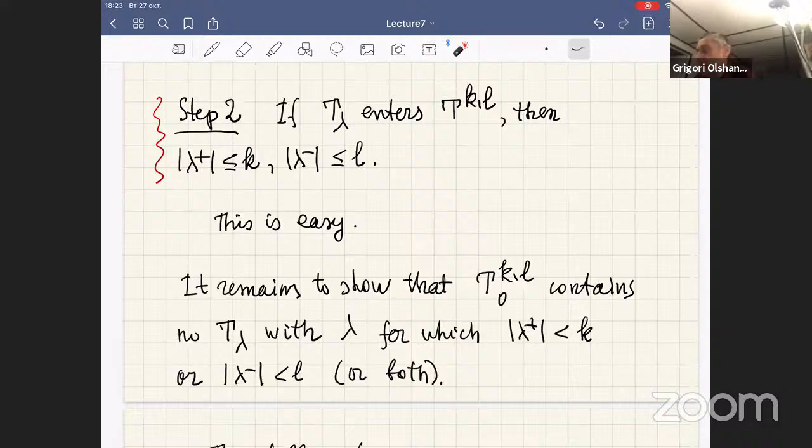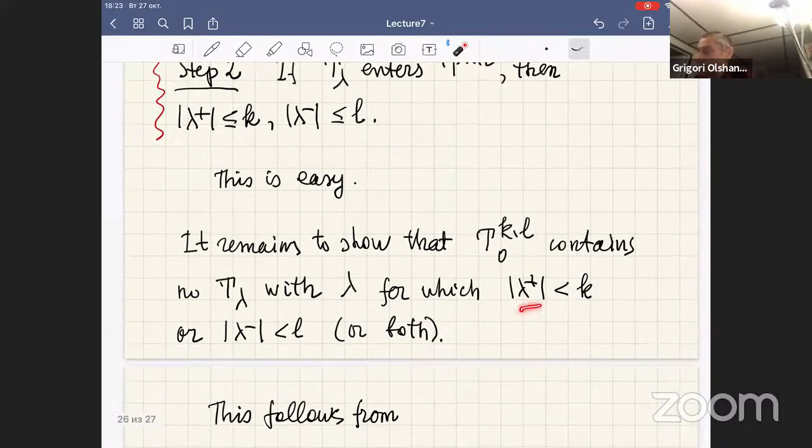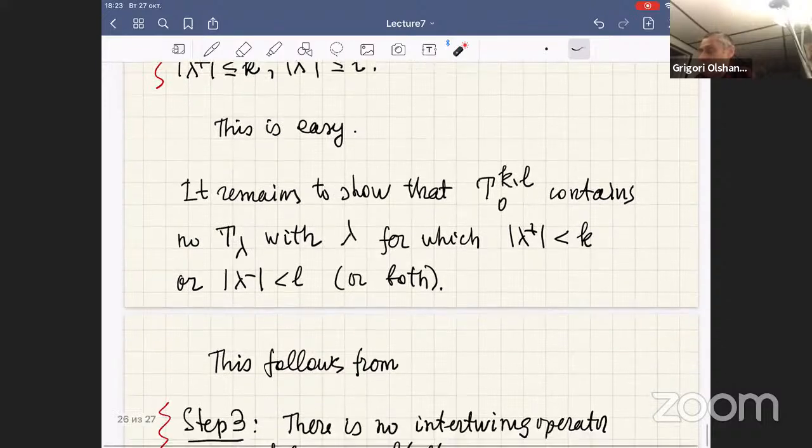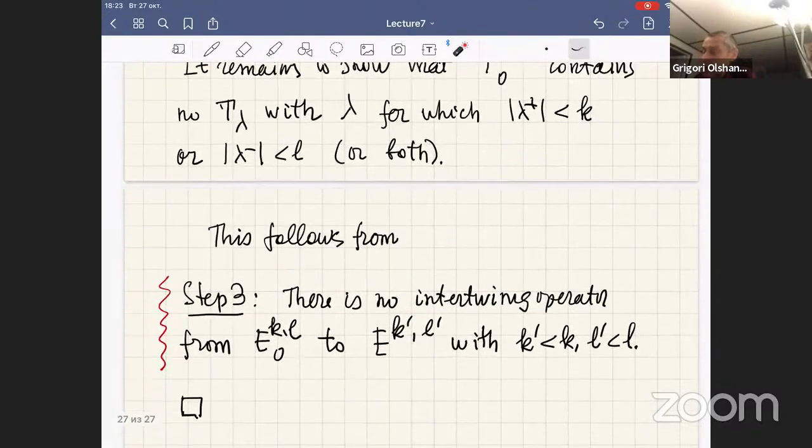Why is it so? This is because these smaller representations are contained in smaller tensor spaces. And one can show that there is no intertwining operator from this tensor space to another tensor space. It's not necessary here to take traceless tensors if these indices are smaller than this one. And this is the end of the proof.